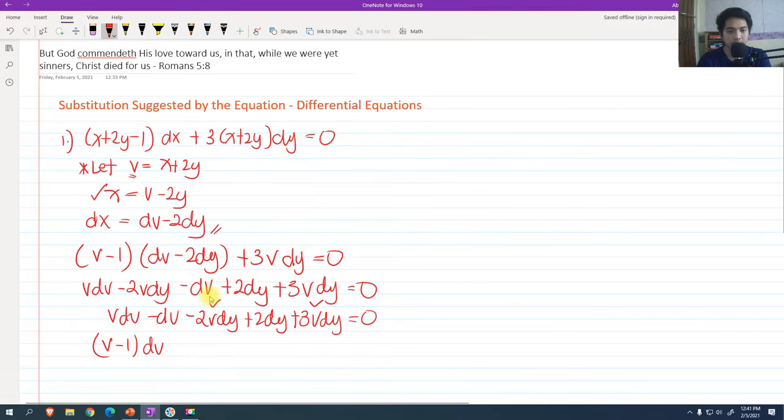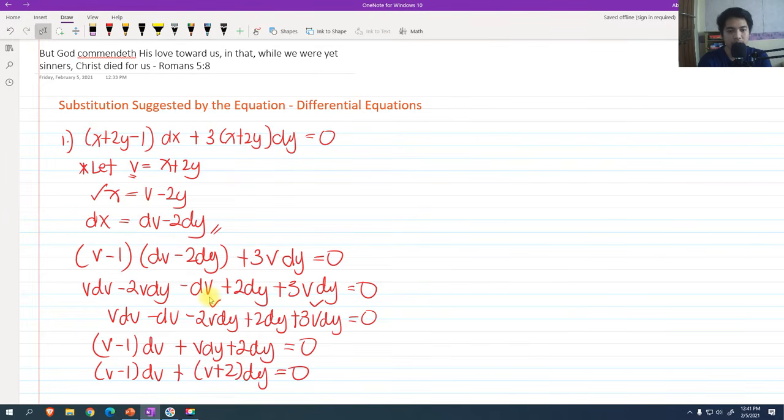Negative 2v dy plus 3v dy is positive v dy, and then we have plus 2 dy here, equals 0. We can actually factor out dy here, so we have v plus 2 dy. This resulted in a variable separable differential equation.